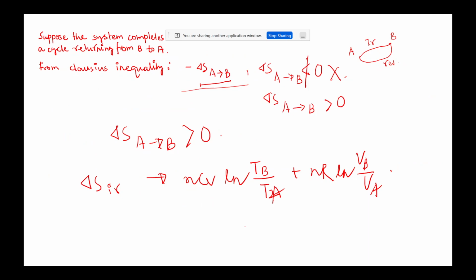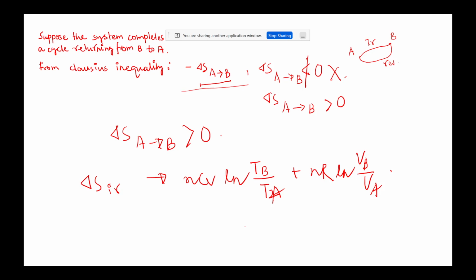Because if we now construct a path from B to A, then that exchange of entropy will be minus delta S A to B, because entropy is a state function that depends only on the states A and B. And we know from the Clausius inequality that minus delta S A to B cannot be positive, because we are going from A to B and then coming back from B to A. So that cannot be positive, which means minus delta S A to B cannot be positive, and so delta S A to B cannot be negative.